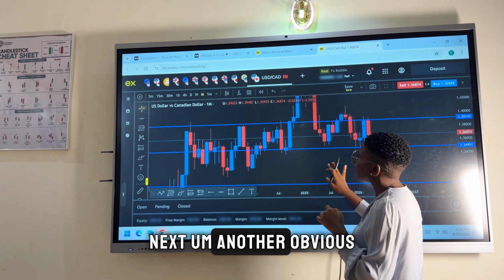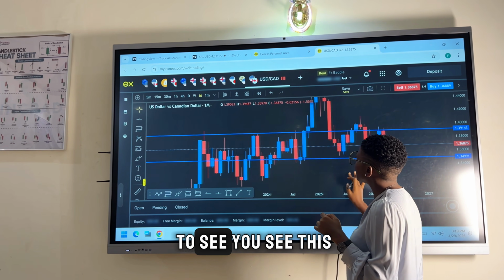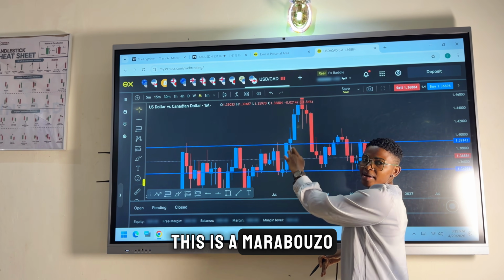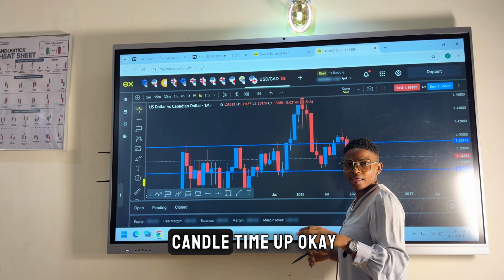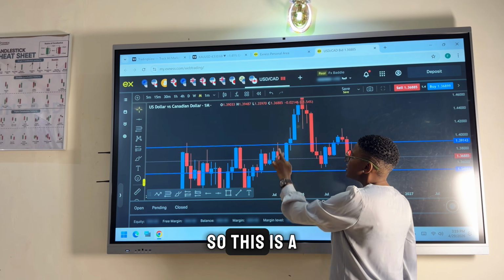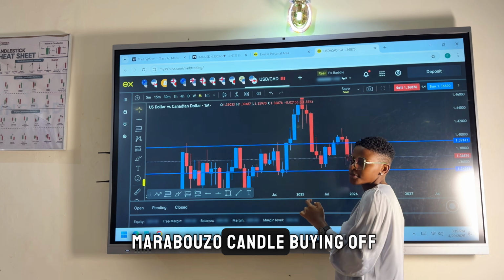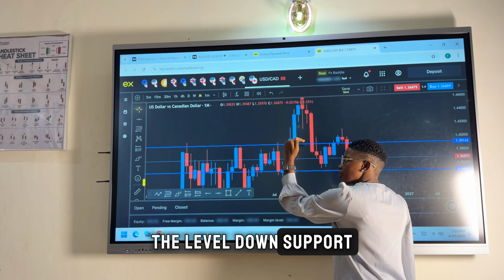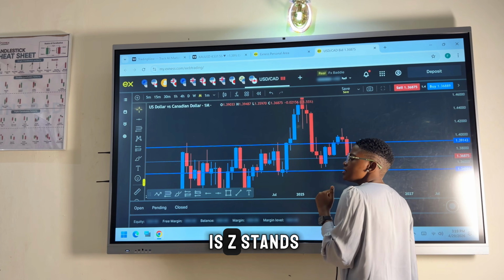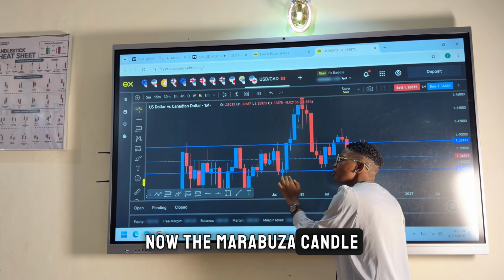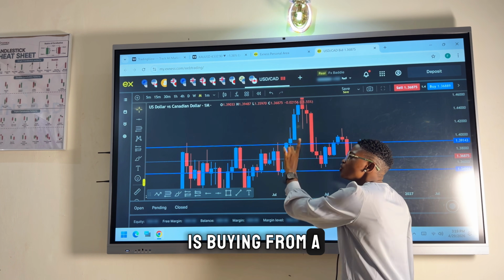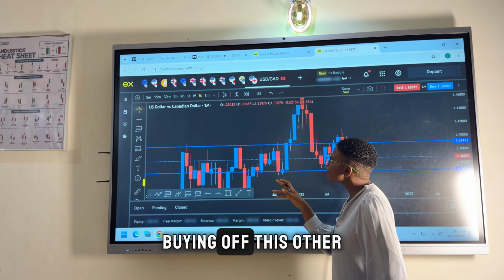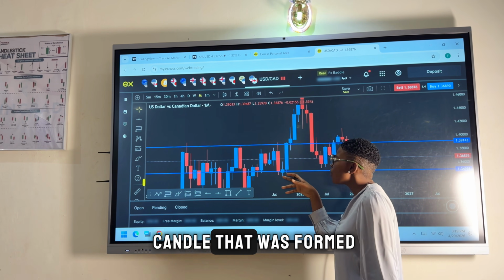Next, another obvious candle I want us to see. You see this is a Marubozu candle. Okay, so this is a Marubozu candle buying off a support level, the level down is support, and this one up is resistance. Now the Marubozu candle is buying from a support level, buying off this other candle that was formed.